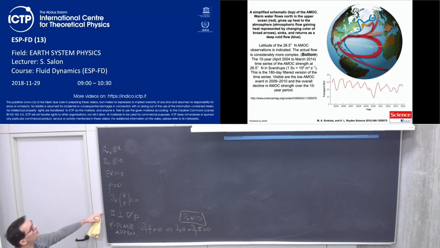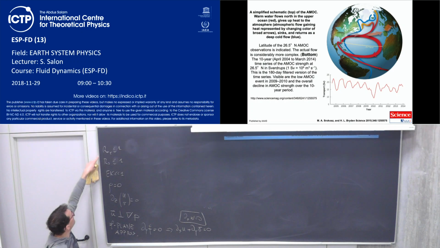Before, we had a time scale much longer than the rotational scale, so much longer than 24 hours. Now we are approaching the rotational time scale, so maybe a few days, or 1 day.